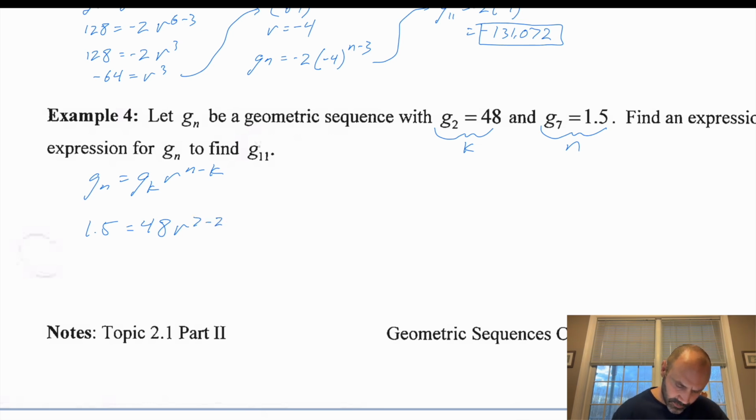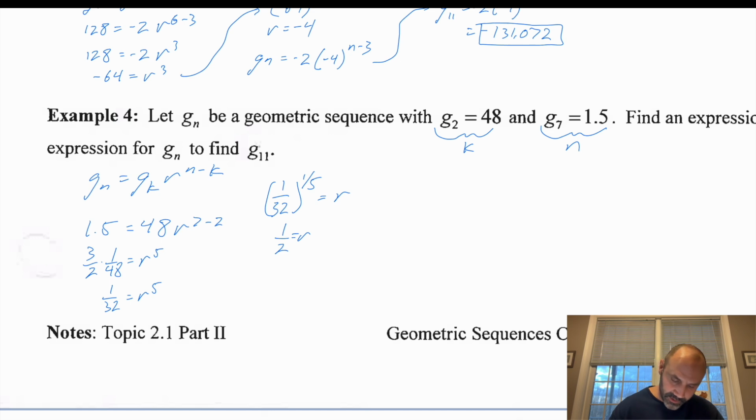So here's one way of doing this. 3 over 2 times 1 over 48 equals r to the 5th power. So what I end up with is 1 over 32 is r to the 5th power. And so 1 over 32 to the 1/5, so I'm taking the 5th root of 1 over 32. So the 5th root of 1 over 32 is 1/2. So 1/2 equals r.